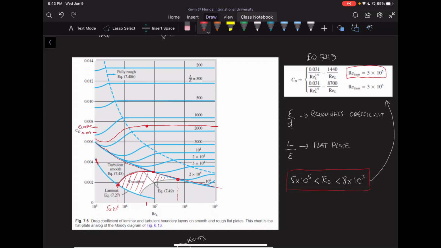We have a rough plate, therefore we are outside of this transition region, especially if you have a low number for your L over epsilon, and we could solve it directly from our chart. The other solution was to use equation 7.48b, which we wrote down at the end of the question as well.